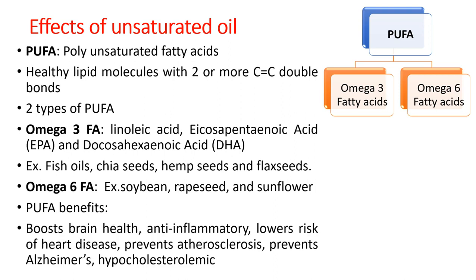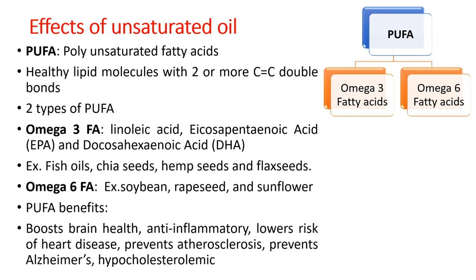The benefits of PUFA are numerous. It boosts brain health, that means it boosts the development of the brain up to 5 years of age. It additionally has anti-inflammatory properties. It lowers the risk of cardiovascular diseases by preventing atherosclerosis.